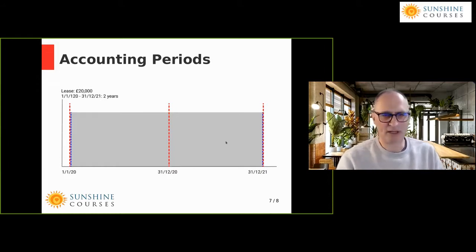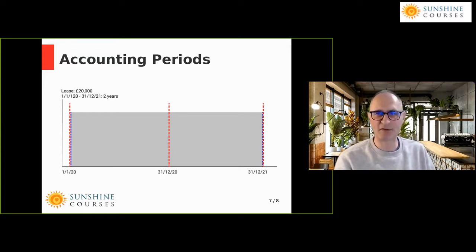And we'll look at it in a bit more detail in just a minute. But for the 2-year period, we're actually going to split all of the £20,000, half of it into the first year and half of it into the second, because according to this chart, half of the lease should relate to the first year and half relates to the second year.